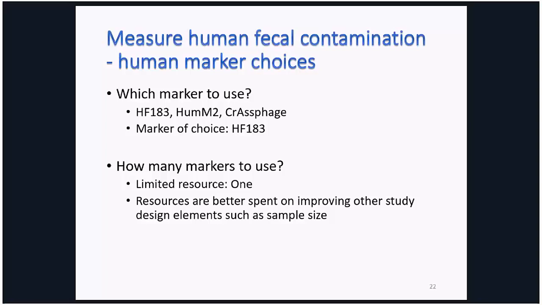And then on the other hand, you may suspect that a very low concentration of the HF183 marker could result from cross-reacting with some animal sources at a very low level, so you may want a second marker to confirm your HF183 results. So if you have the resources, then go ahead and use two markers. Next slide.